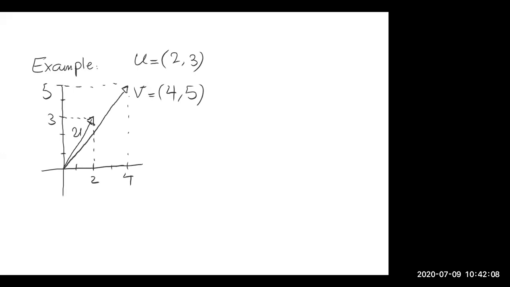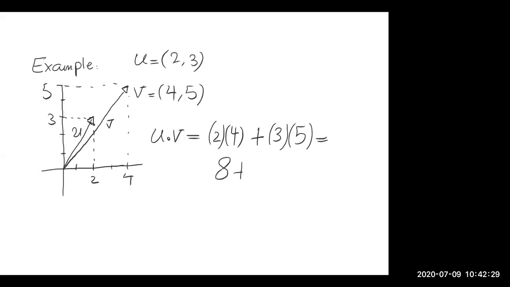So this is the vector v. What is the inner product of u and v, or dot product of u and v? It's just multiplication of the first coordinates, 2 times 4, plus multiplication of the second coordinates, 3 and 5. 2 times 4 is 8, 3 times 5 is 15. Their sum is 23.